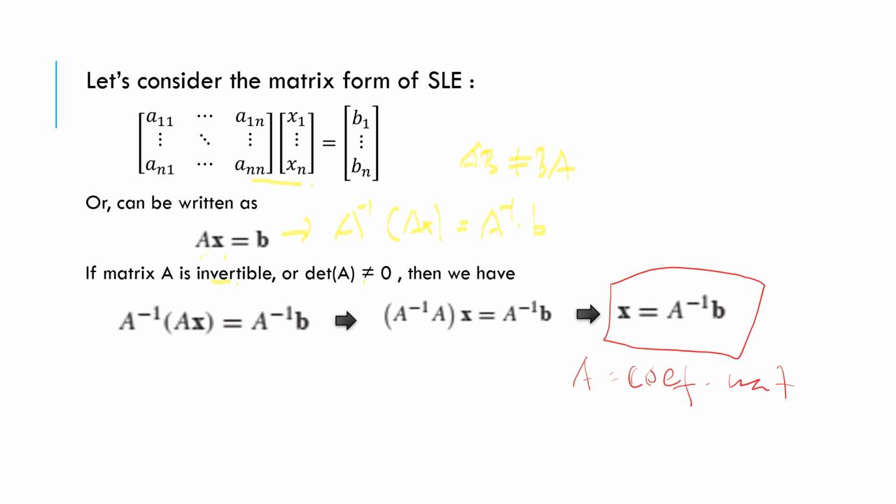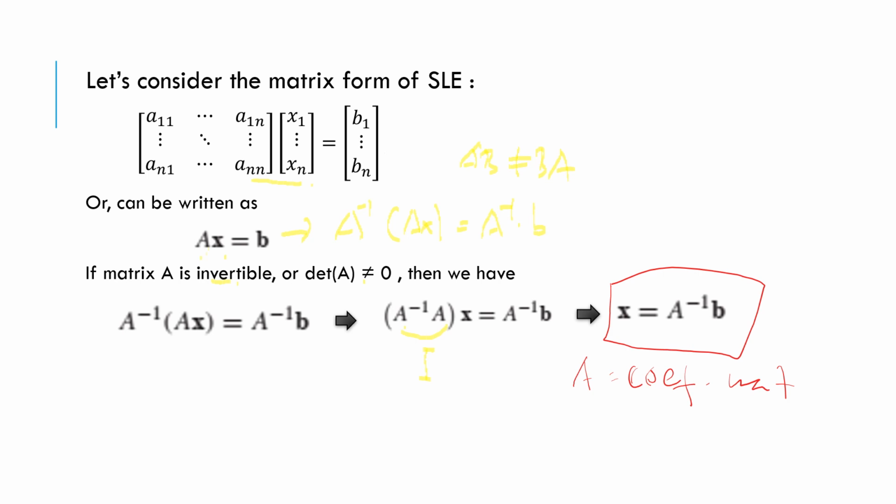Now, because we know A inverse times A equals what? The identity matrix. And the identity matrix times any matrix is equal to the matrix itself.